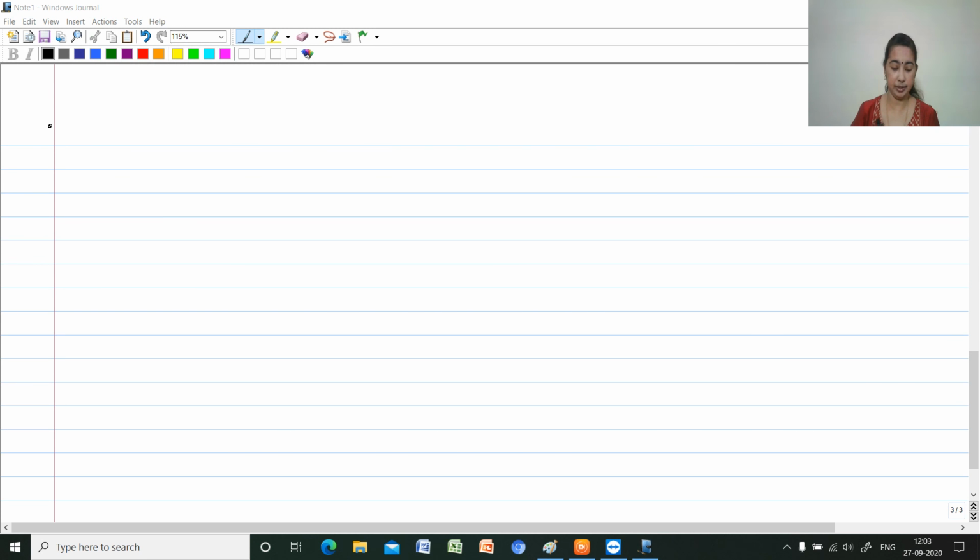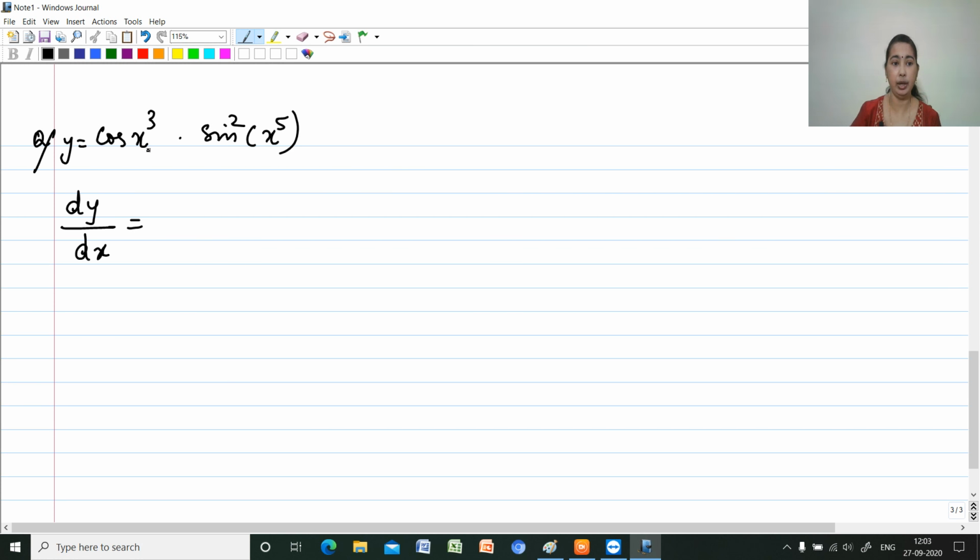Now the next question. cos x³ into sin² of x⁵. Let this be y. To find the derivative dy/dx, we have to apply the product rule here.